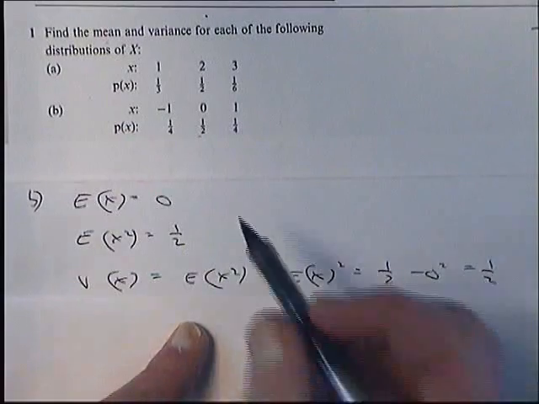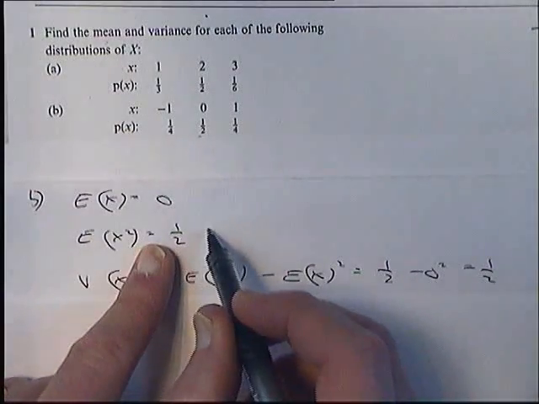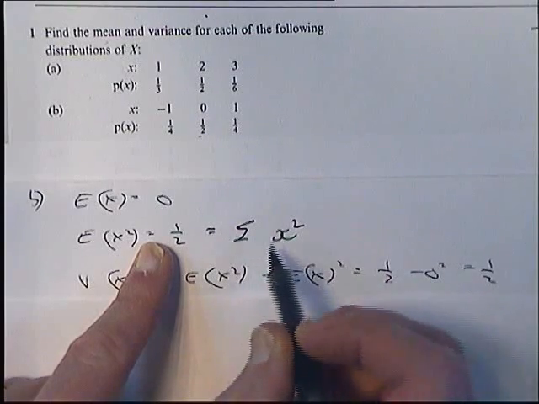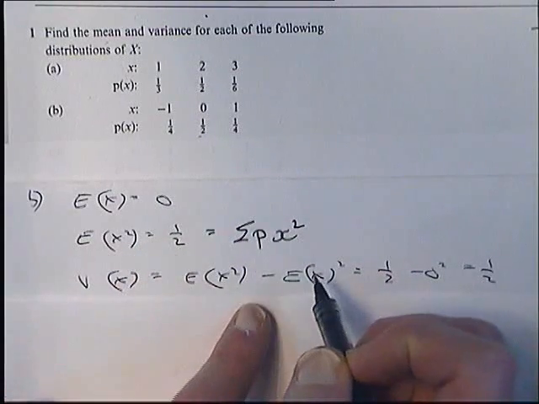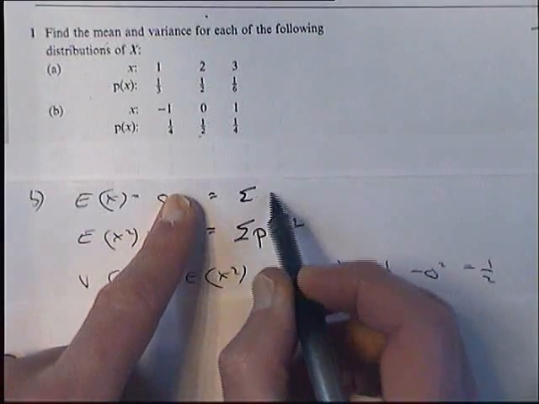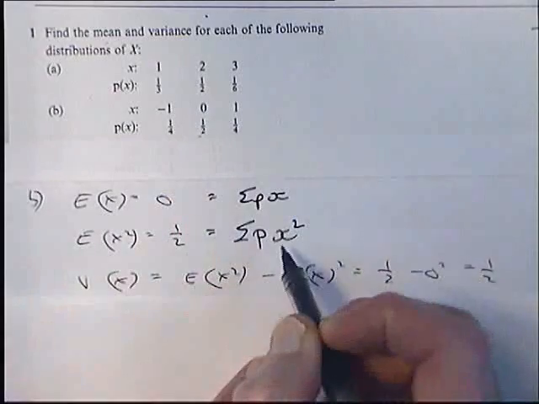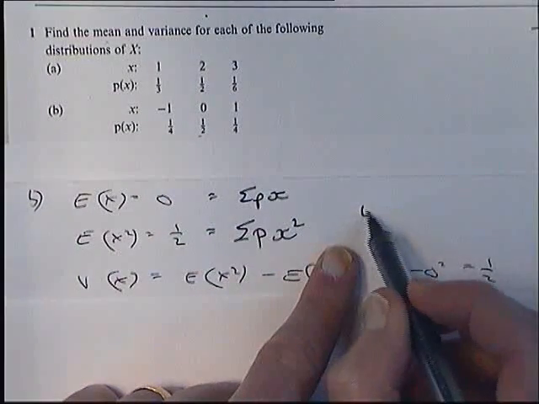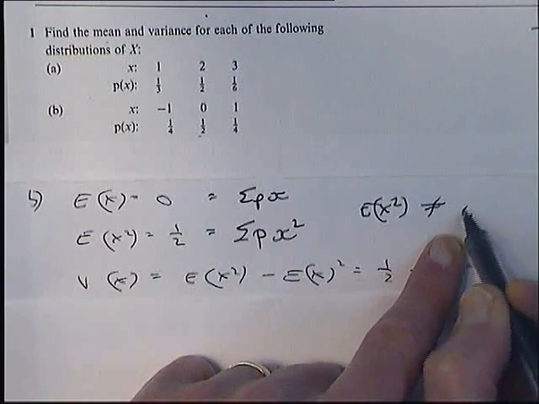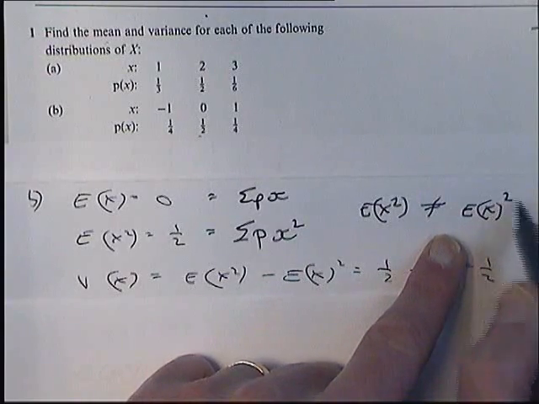No, this is the important thing, okay? The expectation of x squared is each x value squared times by its probability and added up. The expectation of x is each x value times by its probability not being squared and added up. And one thing we said before is that the expectation of x squared is not the same as the expectation of x all squared.